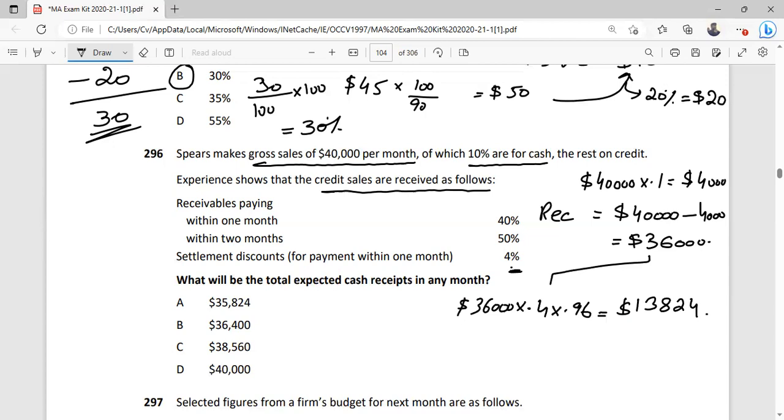So out of 36,000 we have received 40% in the same month, and out of this 40% we received 96% after deducting this 4% discount.